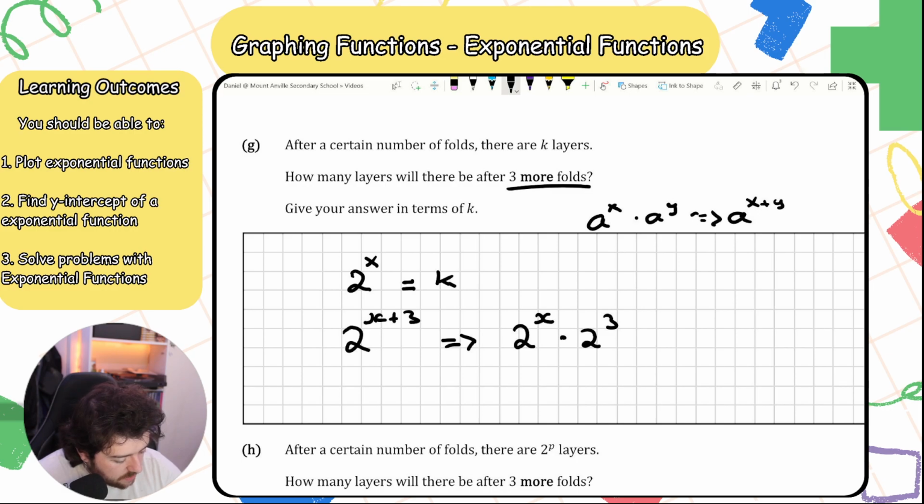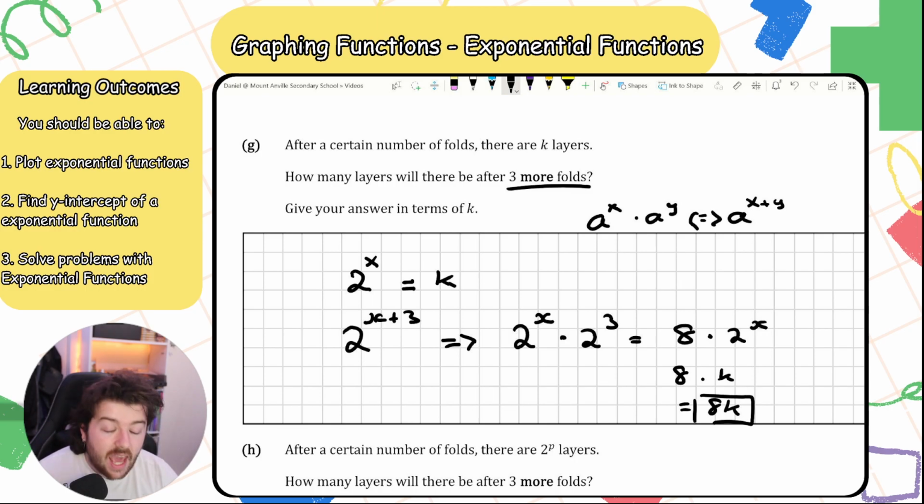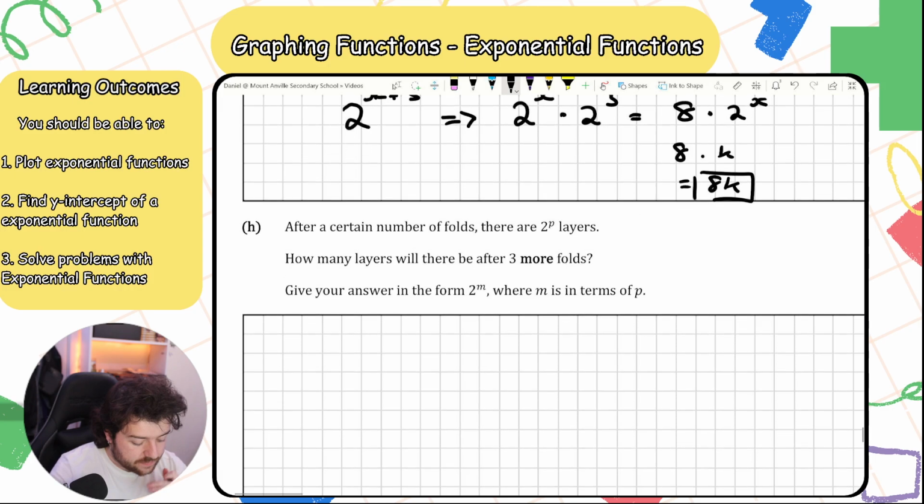So I'm using it in reverse. Now, splitting it up, that's going to be equal to 8 times 2 to the x. And 2 to the x is equal to k. So the answer is 8k.